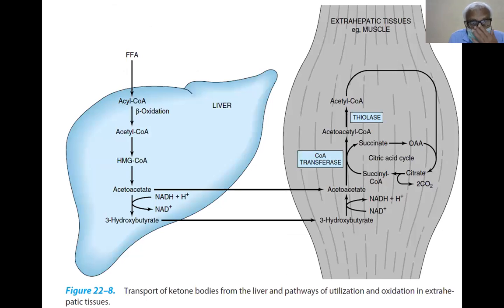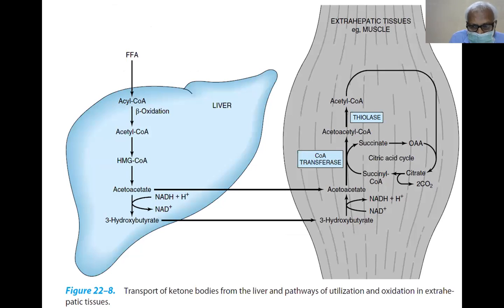So this is how, from the liver, the free fatty acids will enter the liver and form acyl-CoA, and beta oxidation takes place, giving acetyl-CoA, which will be converted to HMG-CoA, and then acetoacetate will be formed. From acetoacetate, beta hydroxybutyrate will form in the liver.